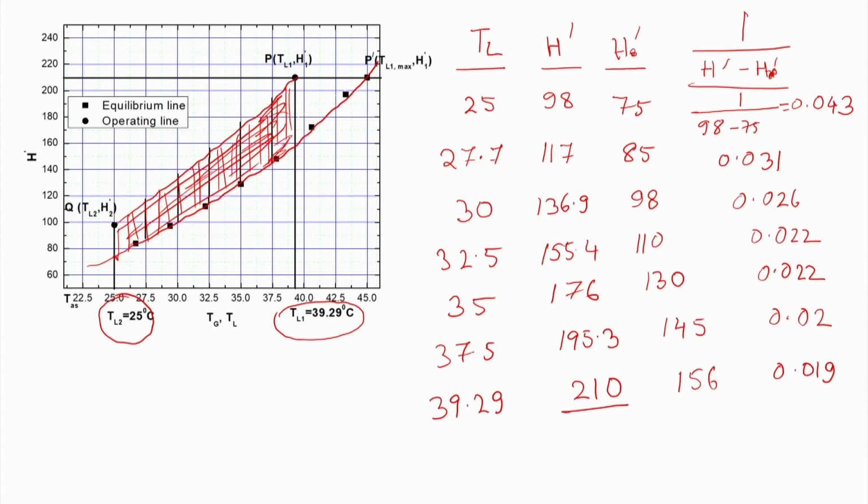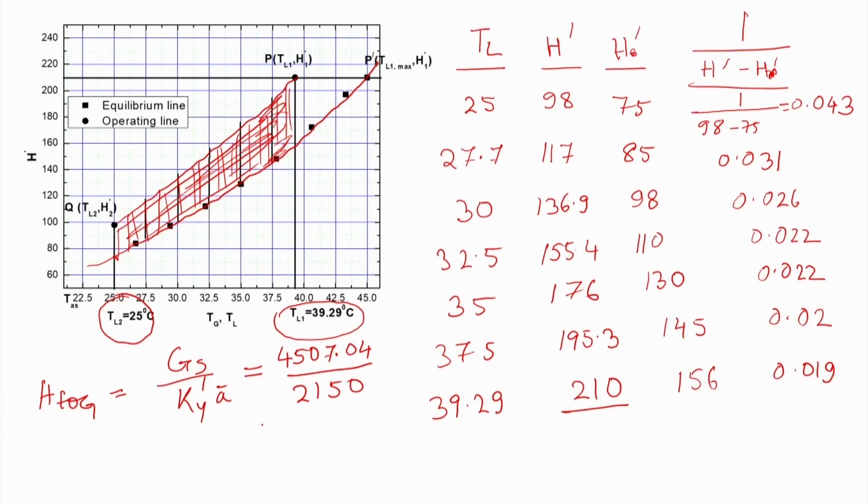Now, HTOG we will get from the well-known equation: HTOG is nothing but GS by KY prime A bar. GS is 4507.04 divided by KY prime A, which is given as 2150.